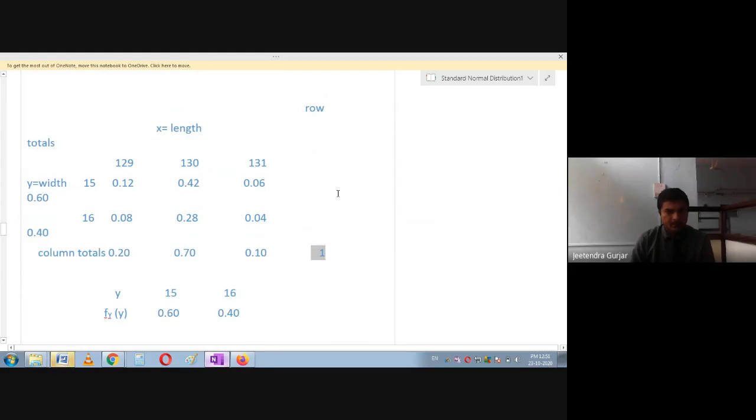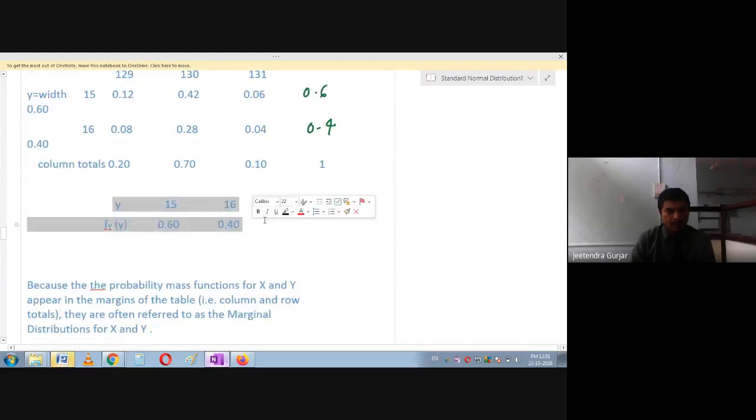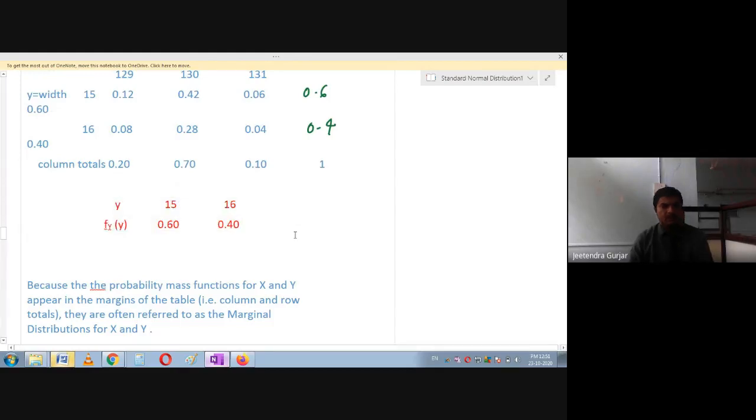Similarly, if you add this, you are going to get this row as the sum of all, that is the marginal distribution. You are going to get 0.6 and 0.4. Therefore, this gives you the marginal function f of y, which is for 15 and 16. Therefore, we take this value as the marginal distribution for y.